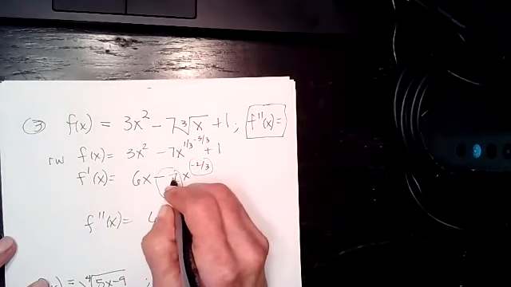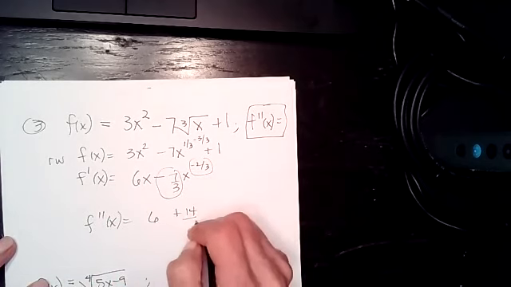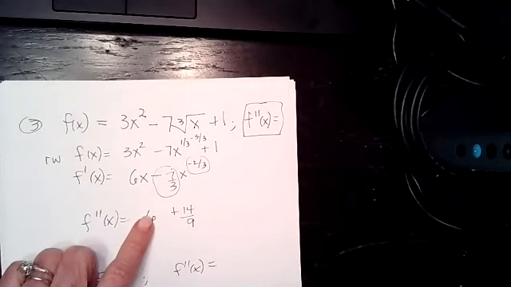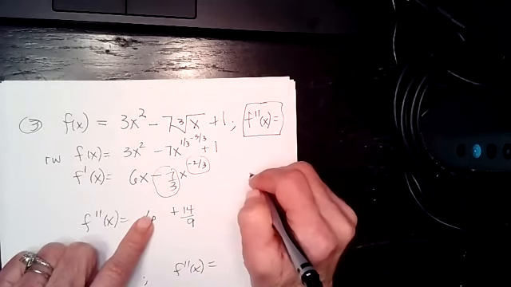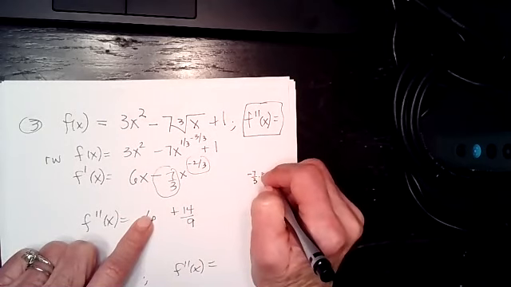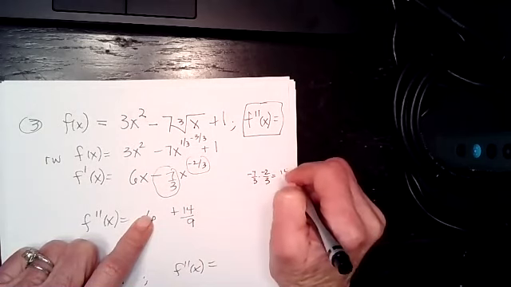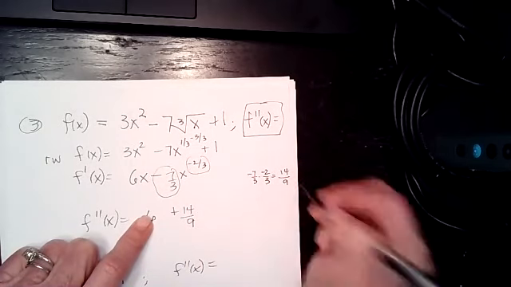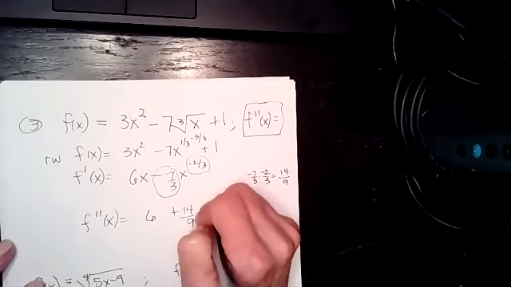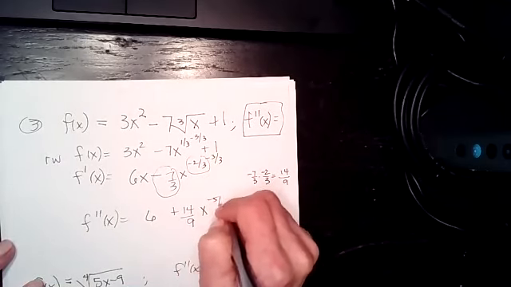Negative 2 times negative 7 is positive 14, and 3 times 3 is 9. That's what a lot of people miss on this problem: when you multiply fractions, you can do it on your calculator, but you multiply across the top and across the bottom. Then x, and I subtract 1, and I get negative 5/3.